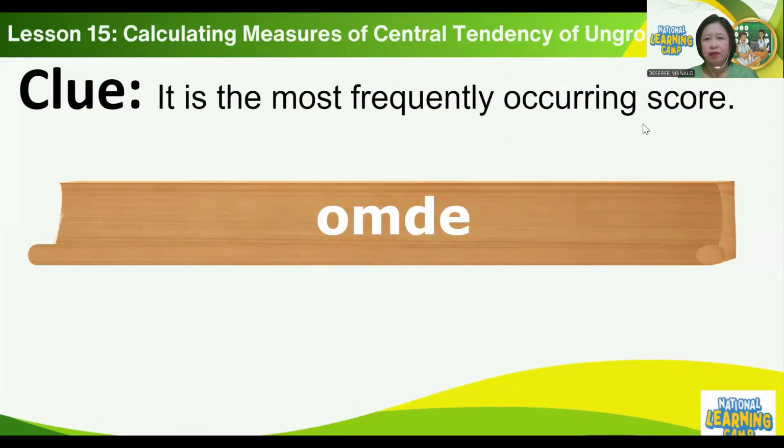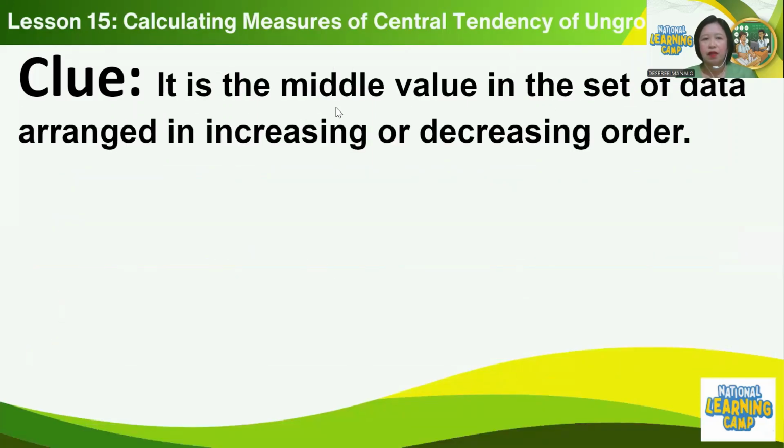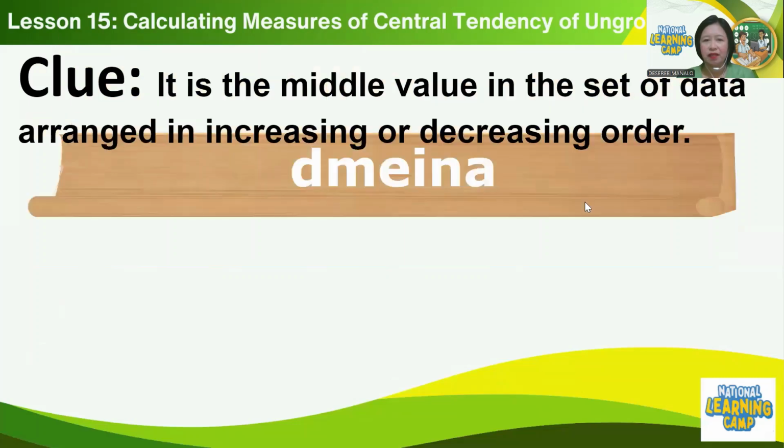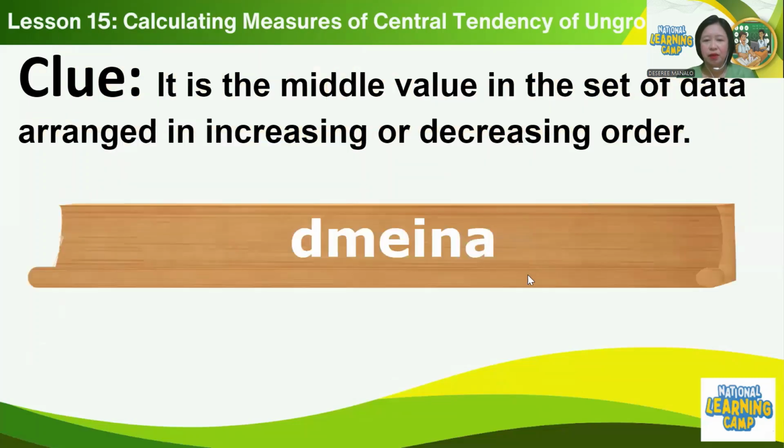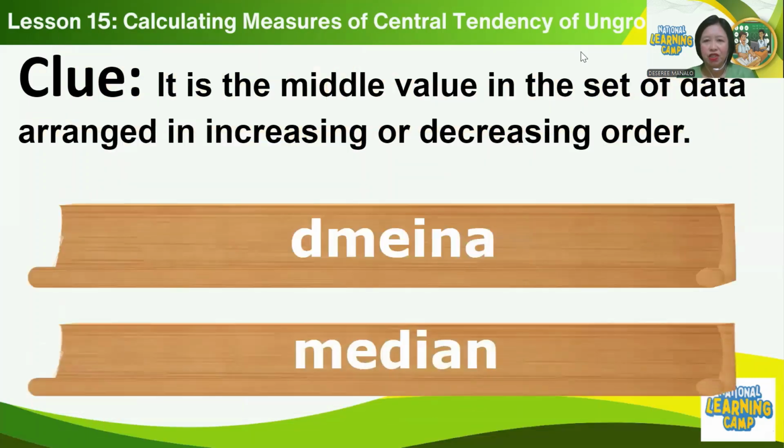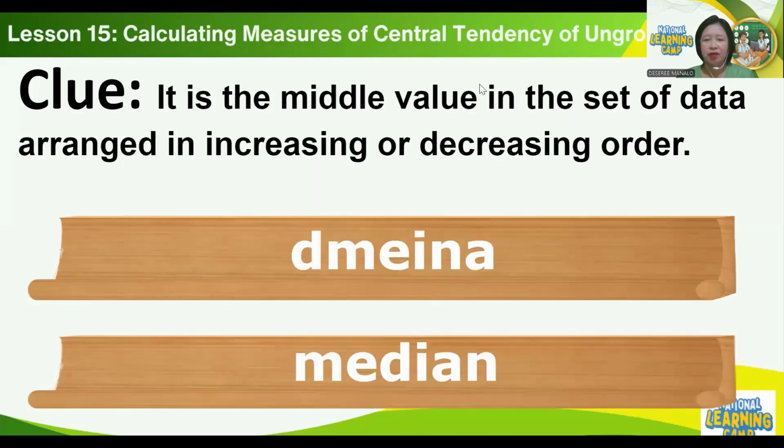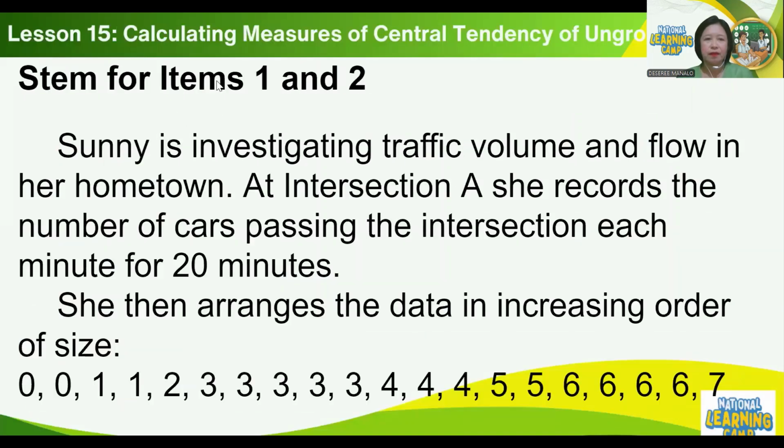It is the most frequently occurring score. The answer is mode. It is the middle value in the set of data, arranged in increasing or decreasing order. So the answer is median. I hope you answered all the words.